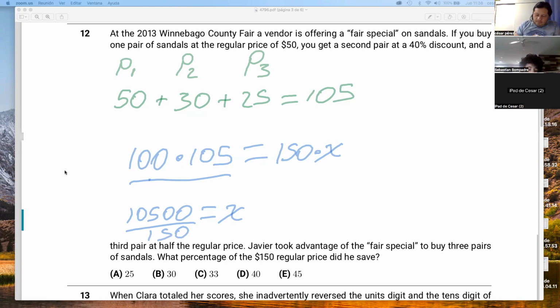So they're both divisible by 10. Okay. And here we are going to use a little trick. Instead of making this lower terms, we can multiply by 2. We are going to get 2100.